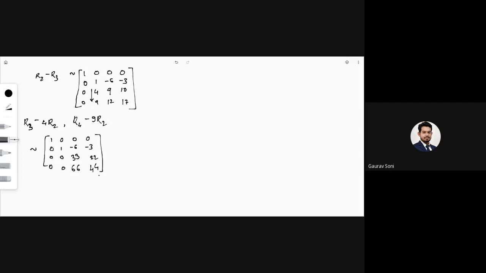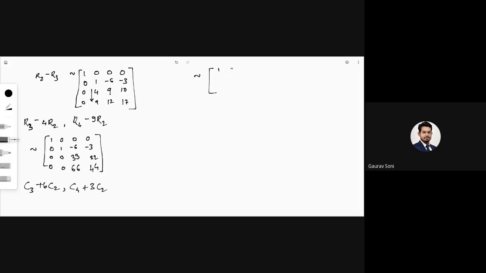Okay. Now, once we are done with this, now go for right hand side entries. C3 plus 6 times C2 and C4 plus 3 times C2. Once we do this operation, what will happen is I will make the right hand side entry 0.